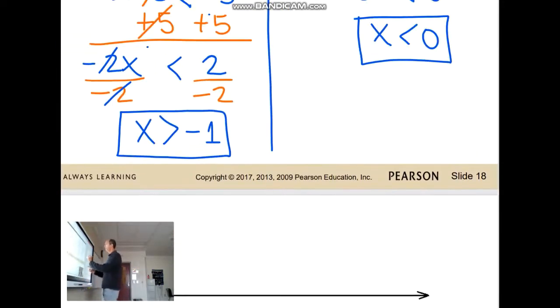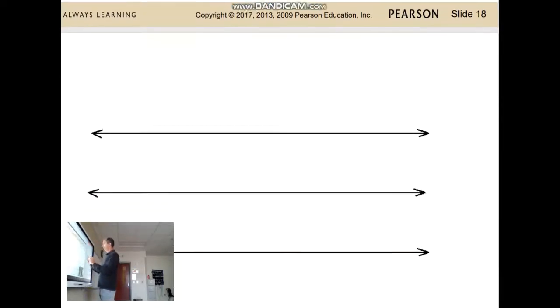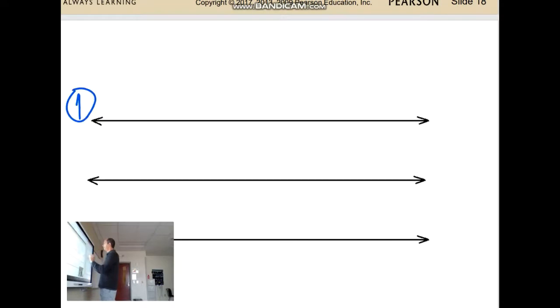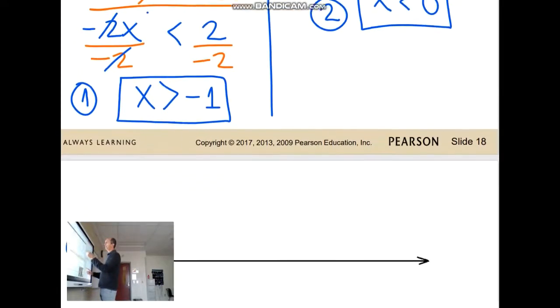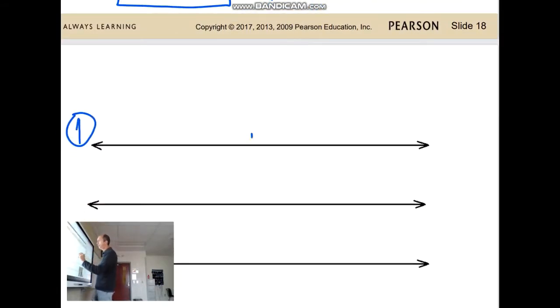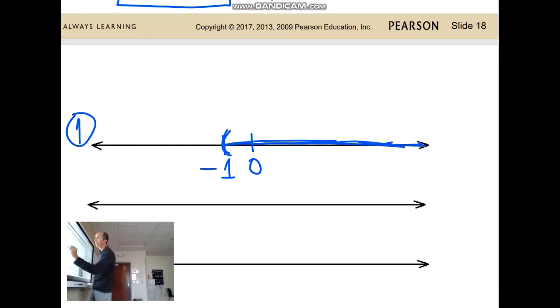We are working on union. So this, let's say, is number 1. This is number 2. Number 1 is going to be x greater than negative 1. Let's say here is 0. Here is negative 1, right? X is greater than negative 1. Everything on the right hand side of negative 1 is included.